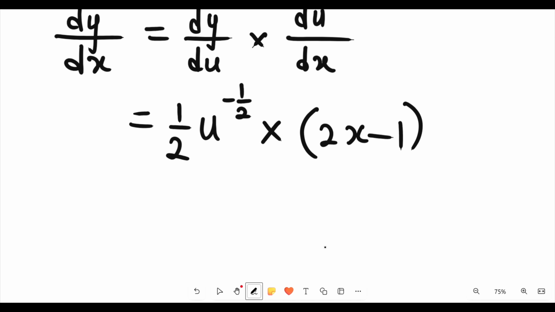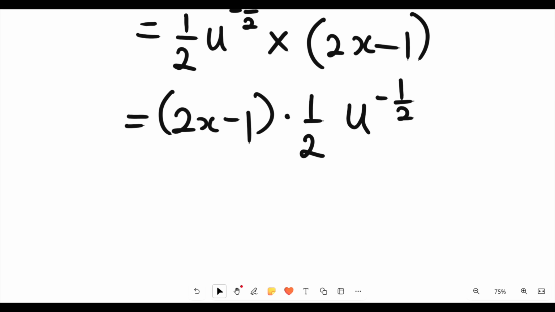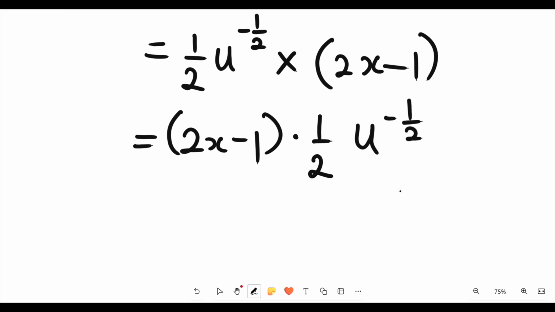All right, so this is what you'll be getting. We are going to get 2x minus 1 in bracket multiplying 1 half, which is the coefficient of u exponent negative half. So we are going to now get our u exponent negative half.